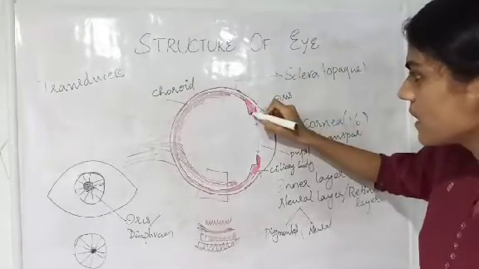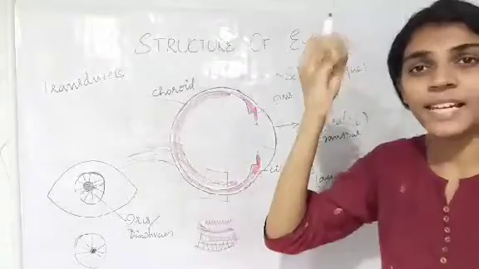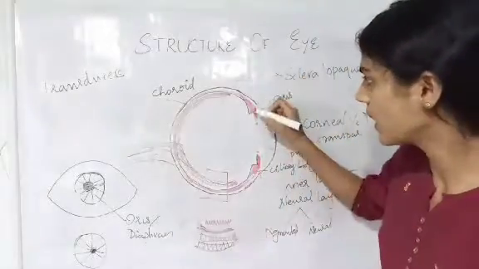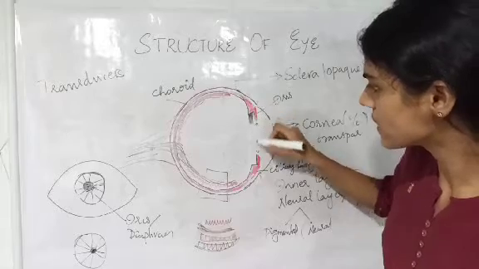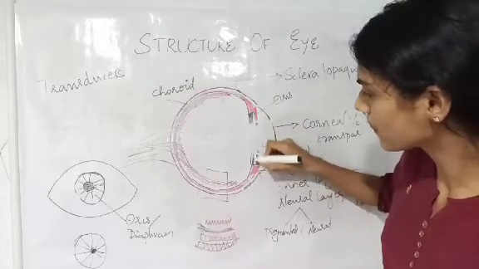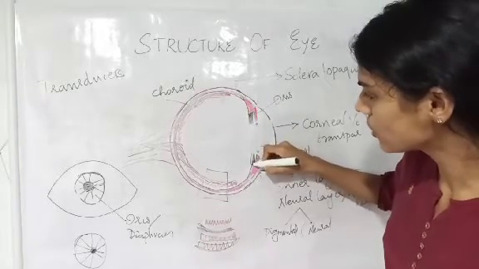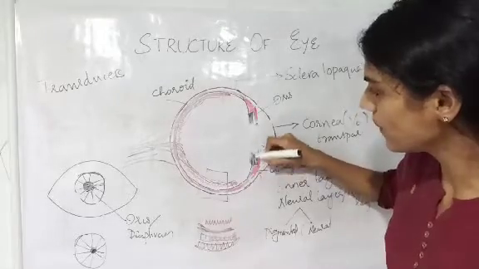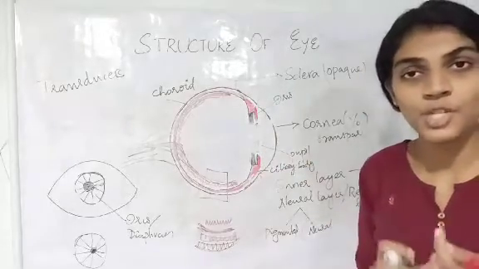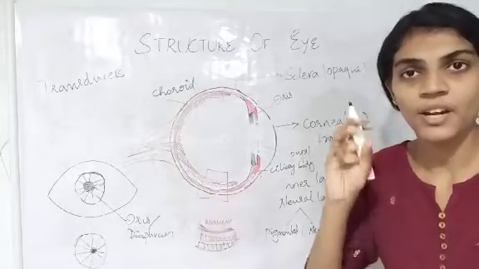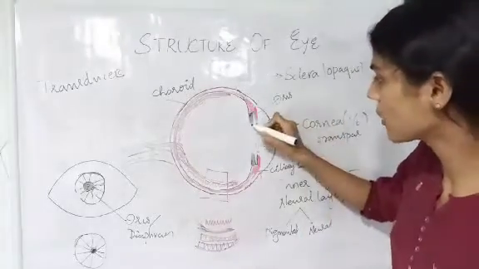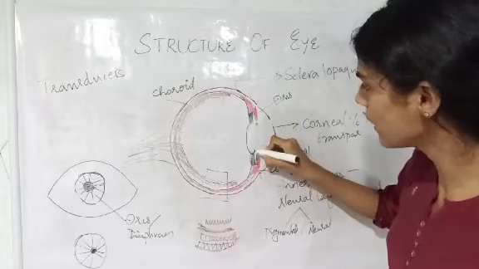From the inner pigmented layer, there are certain ligaments arising, with brush-like borders. Between these ligaments, you can find a transparent object known as the mirror.